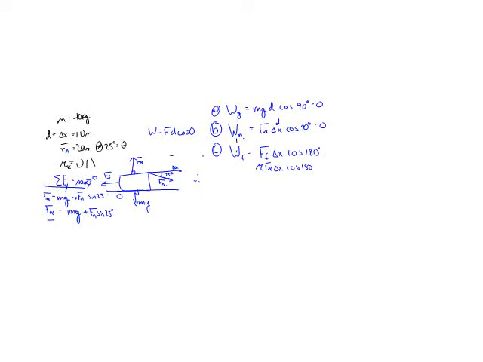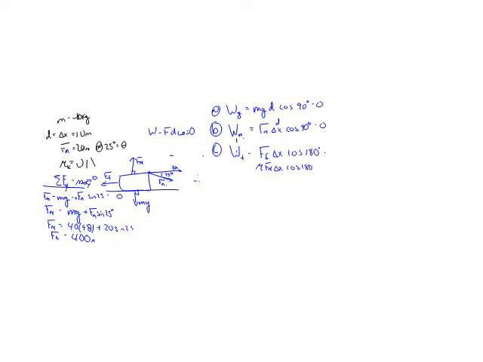This ends up being 49.8 plus 20 sine 25, which is about 400.